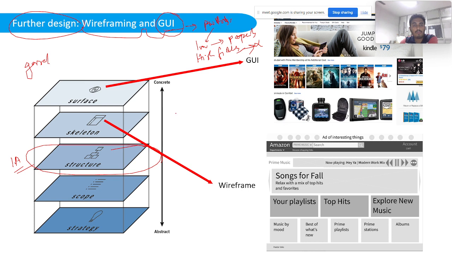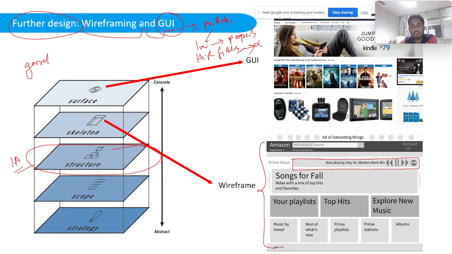Then what we do is create the skeleton. The skeleton is basically the wireframe. So for example, here if we see the Amazon website, here is the wireframe. Basically it's a template for how this UI will be placed.